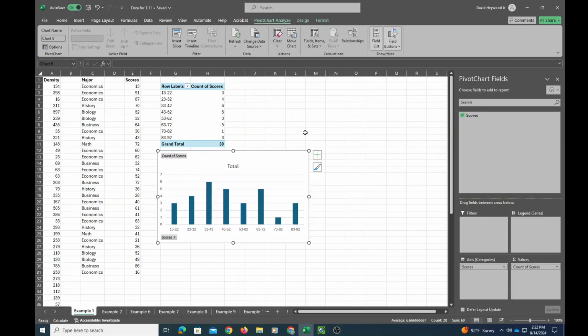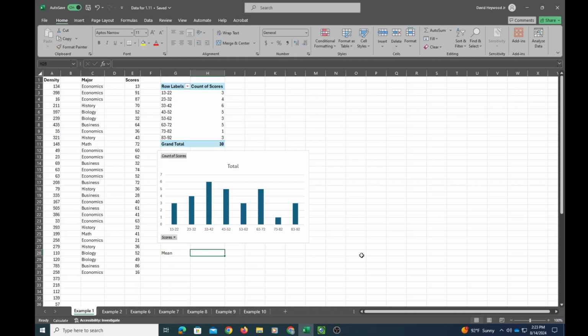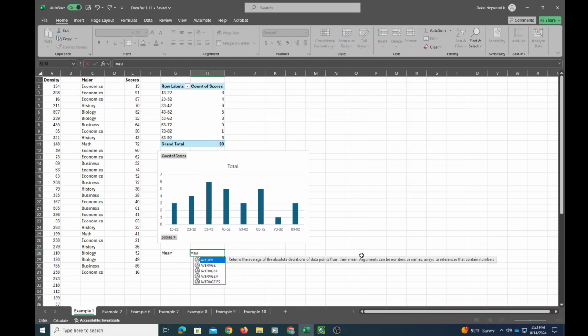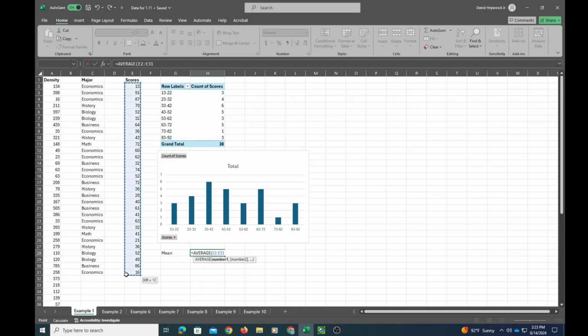Let's head over to Excel and fiddle around a little bit. Okay, so for the mean, I'm going to say equals average and select the data.